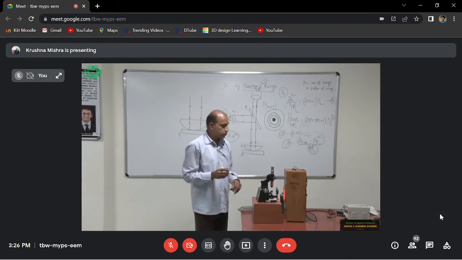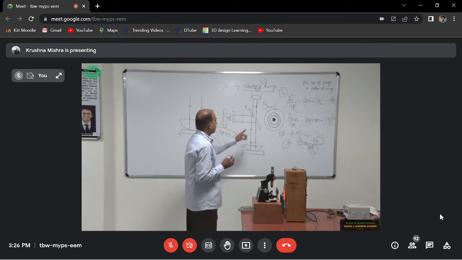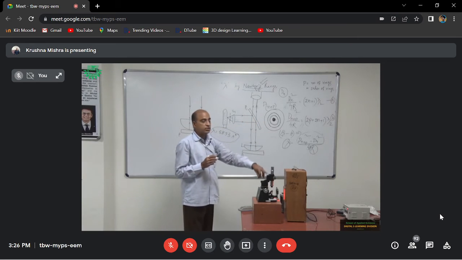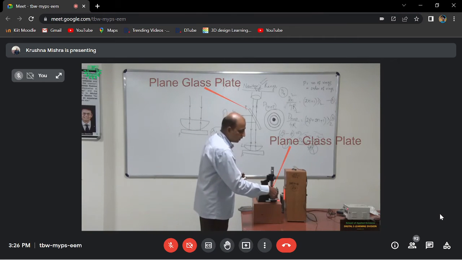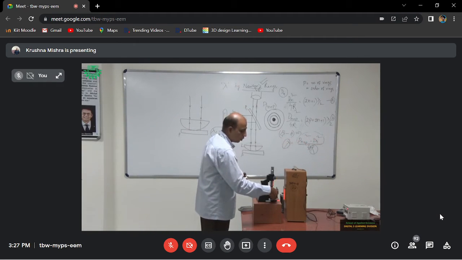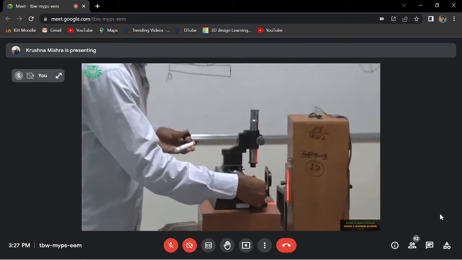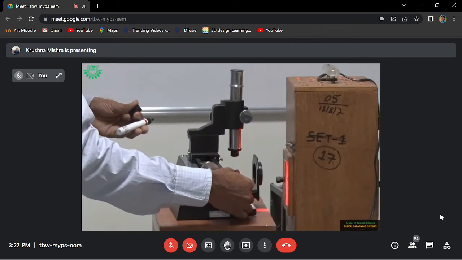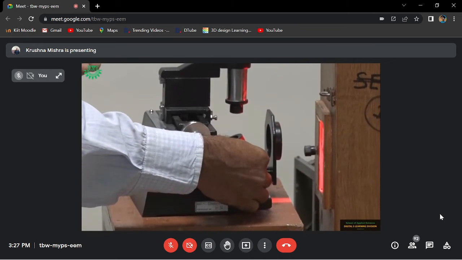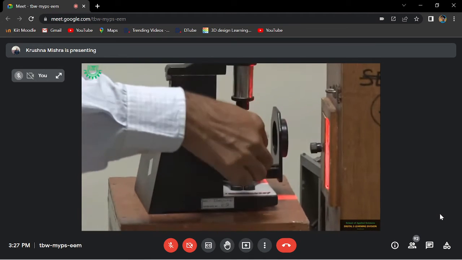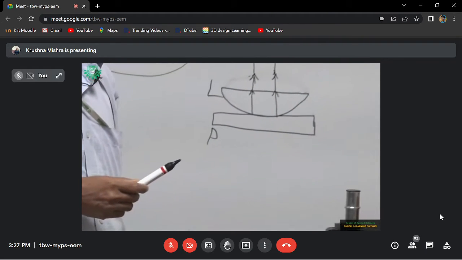These parallel rays are incident on this plain glass plate, which is kept at exactly 45-degree inclination, and it can be rotated freely in all possible directions. But we have to keep exactly 45-degree inclination to the vertical so that rings will be formed, with alternate dark and bright rings.